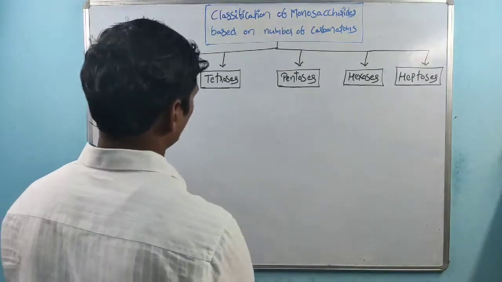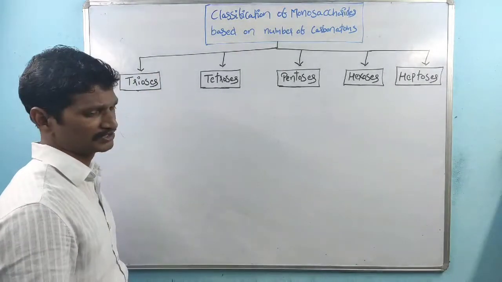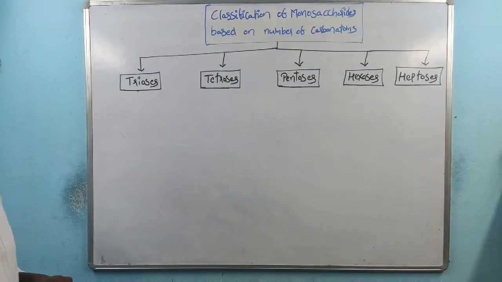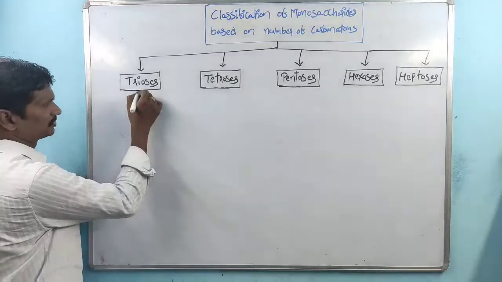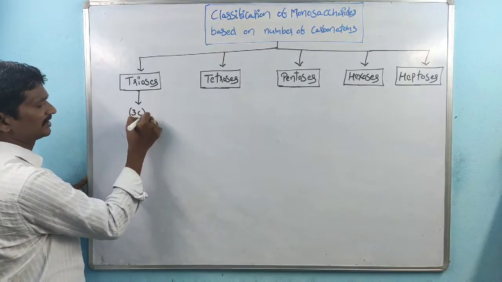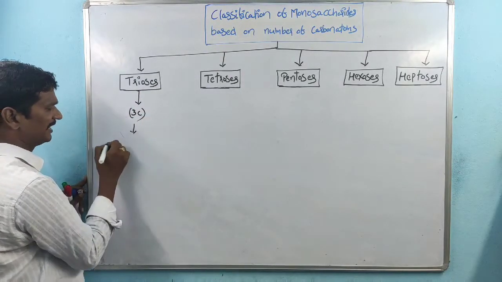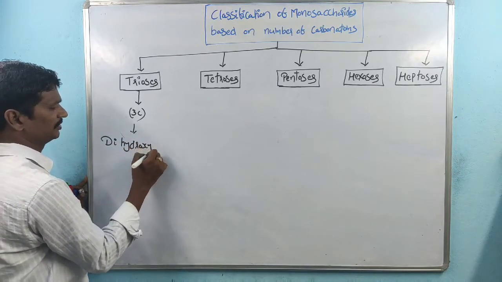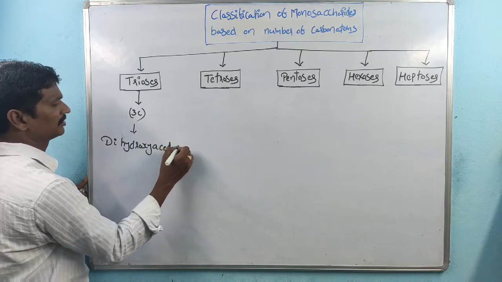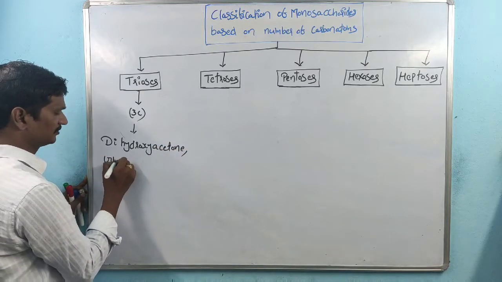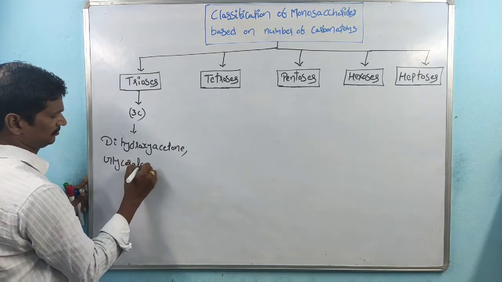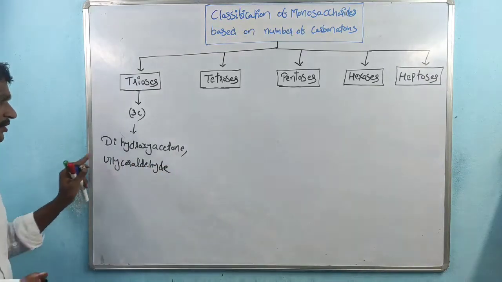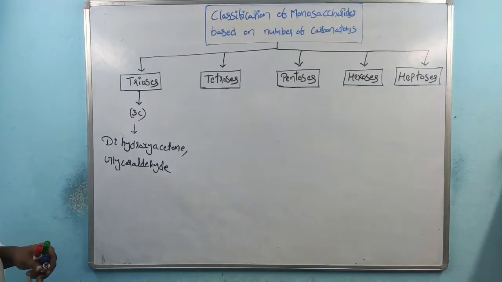Coming to the next one, the classification of monosaccharides based on number of carbon atoms. The first one is the trioses, meaning monosaccharides containing 3 carbons.